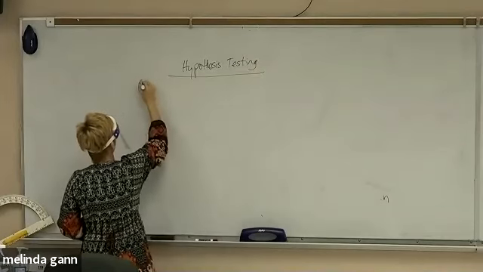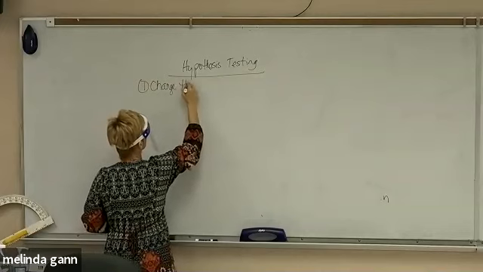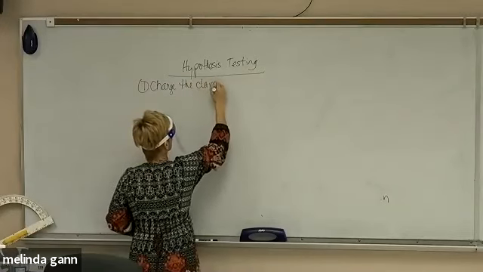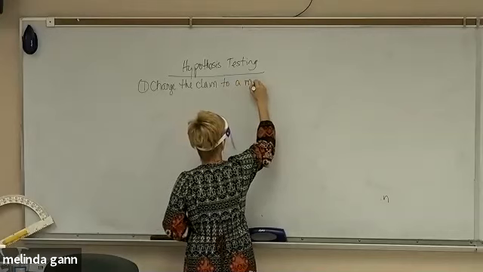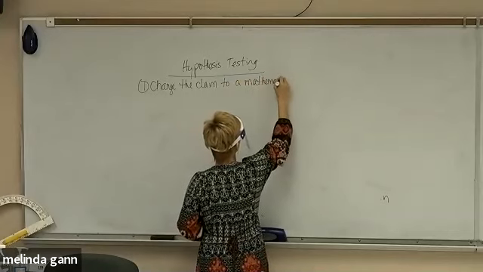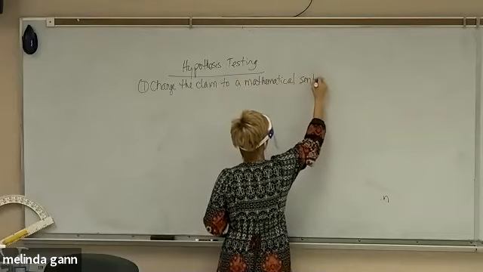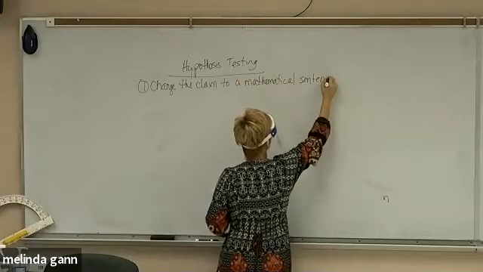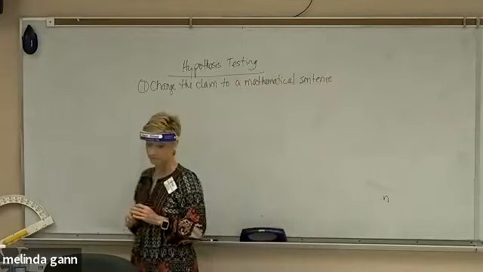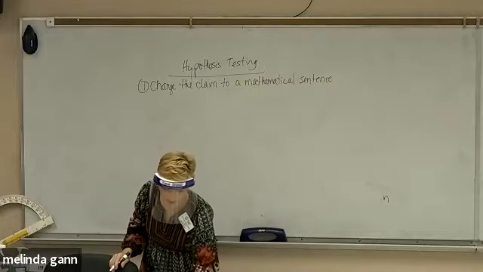All right, step one, you're going to change the claim to a mathematical sentence. It's going to be an English sentence, like a word problem. And you're going to turn it into a math equation or a math inequality. Okay, so you're going to change the claim to a mathematical sentence.